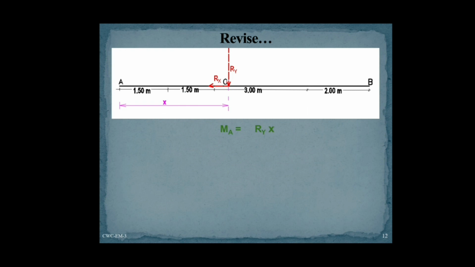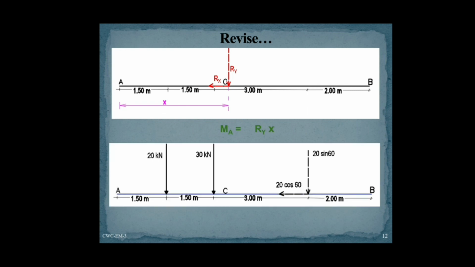Then, considering the system, find out the moment due to all these forces from the same point A. So we will get the value of MA. Substituting the value of MA in the equation x equal to MA divided by Ry, we will get the value of x, that is the point on the line of action. Thus we found out the magnitude, direction and point on the line of action of the resultant.